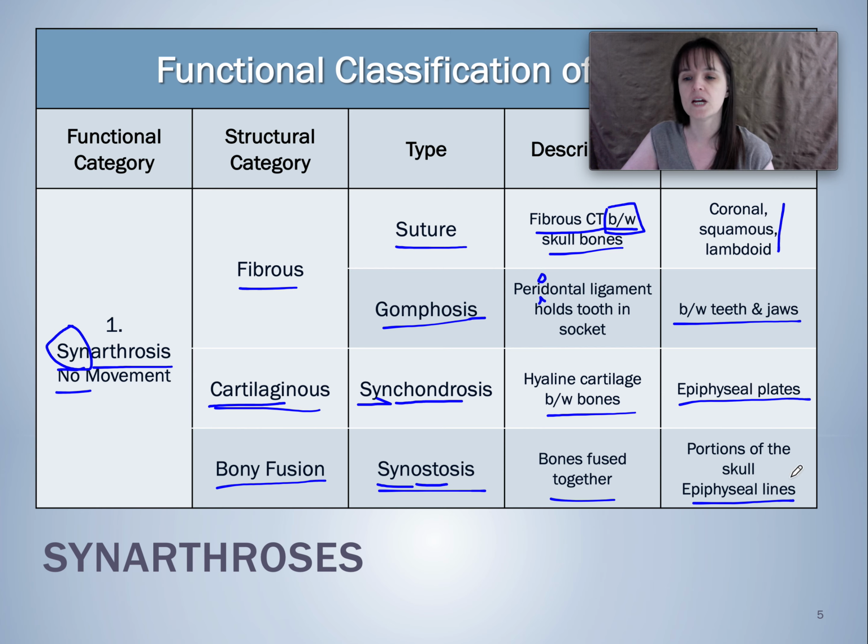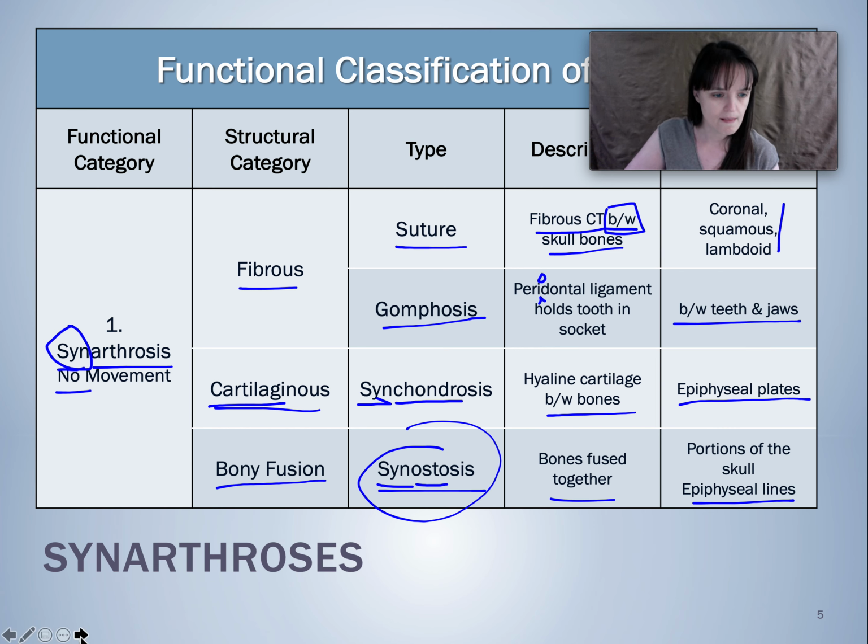Also, when you first developed your skull, you had 2 frontal bones, but they joined together down the middle for 1 frontal bone. And your coxal bone, the ilium, ischium, and pubis, are all joined together with synostotic joints.